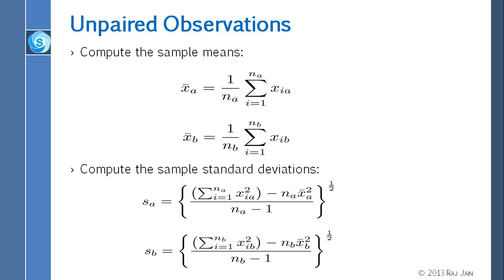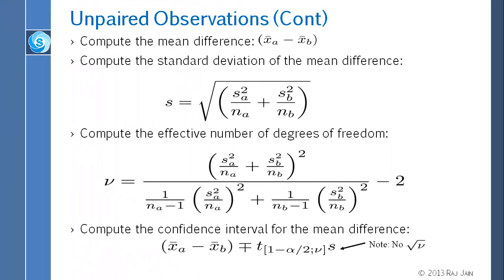In spite of all these big expressions here, this is basically a simple formula for standard deviation. After you compute x bar A and x bar B, you compute the difference, and you compute the standard deviation of the mean difference. There is a little bit of complication here, because we are subtracting 2 random samples, and we are assuming normal distributions.